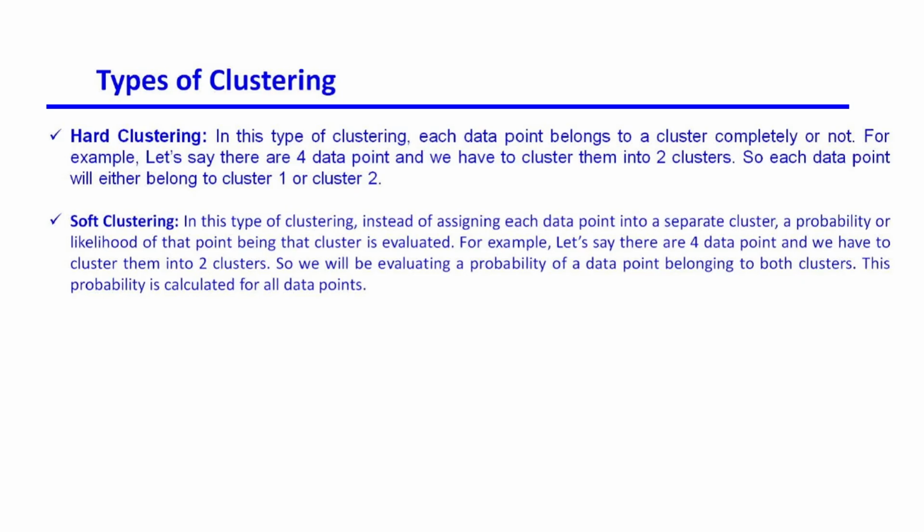That basically means that a point can be part of different clusters depending on the likelihood of that point belonging to the particular cluster. But in hard clustering you can't do that. We simply assign the point to a specific cluster and say that it is only for that cluster, it cannot be part of any other cluster.